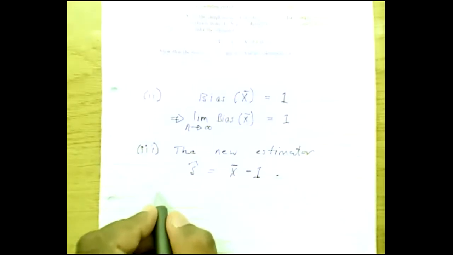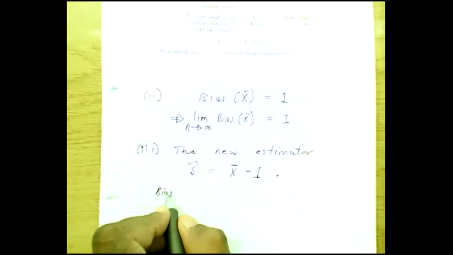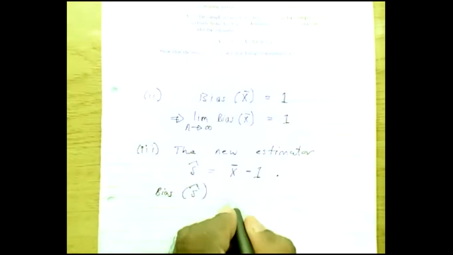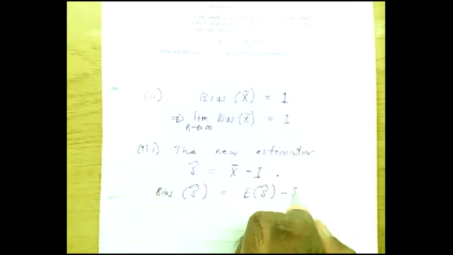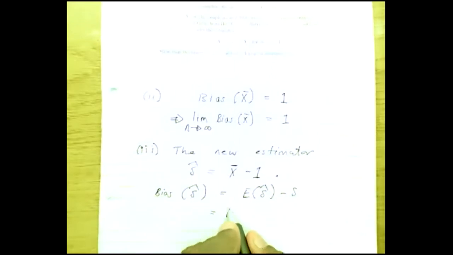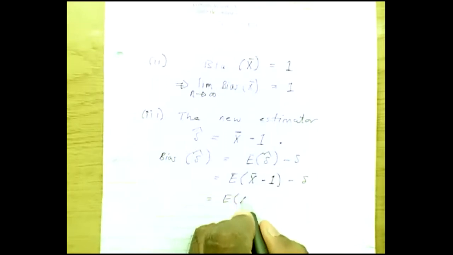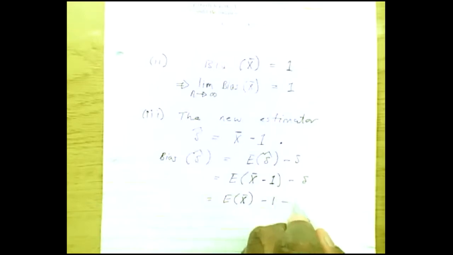So the bias of the new estimator is going to be the expectation of X bar minus 1 minus delta.